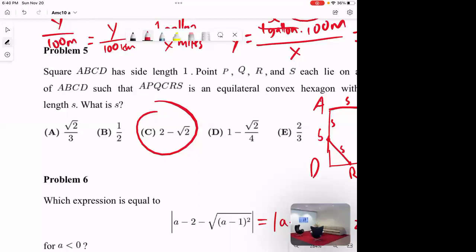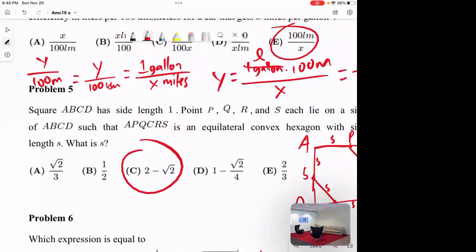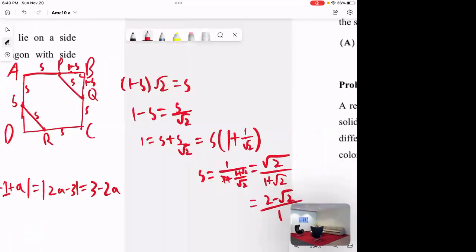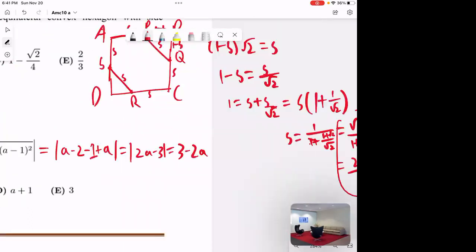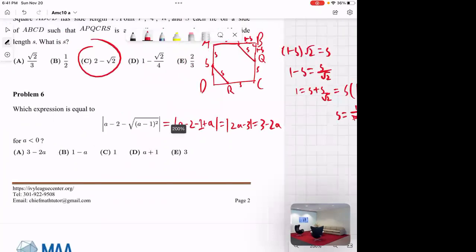Sorry if that was a little hard to understand, but it's basically just like we have an equation right here, 1 minus S root 2 equals S, and then we just solve for S and we get it right here, and then all this other stuff is just like moving the radical up. So if you have any questions on that, feel free to ask and I can explain that again, but yeah.